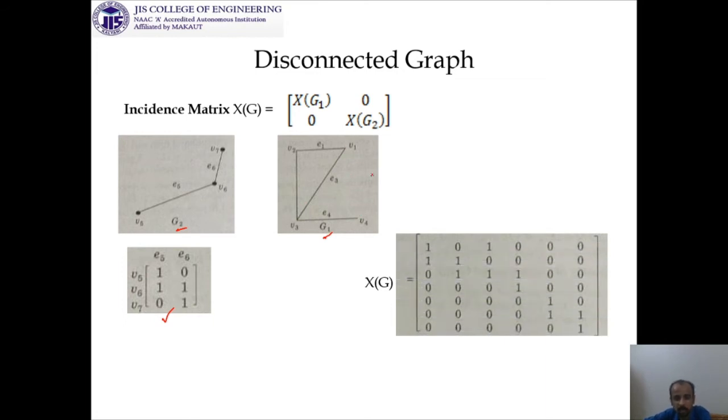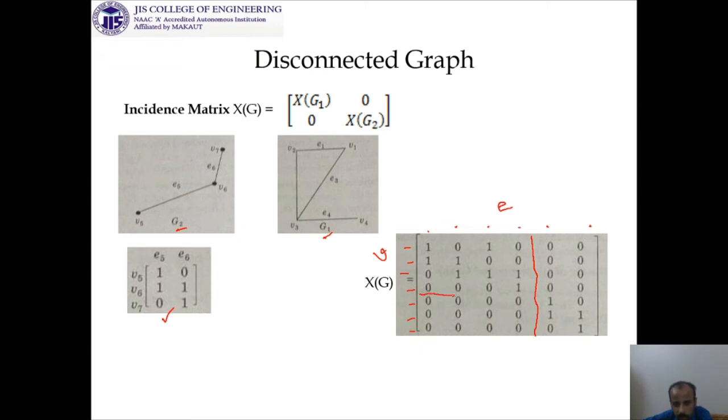Again the same emphasis is given: 1 2 3 4 5 6, and 1 2 3 4 5 6 7. I think now it is clear that this represents the vertices and this represents the edges. Now look at this. In the first graph, we have 4 edges and 4 vertices, so 1 2 3 4 entries.